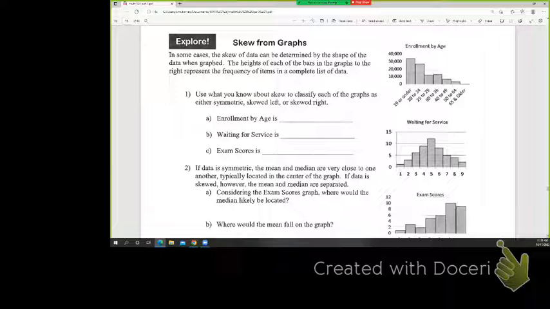It's not where the big things are. So enrollment by age is actually skewed right. There can be skewed left or right, and it's the same outcome. It's the mean that's affected, but if it's skewed right, the mean is going to get bigger than what represents the data.